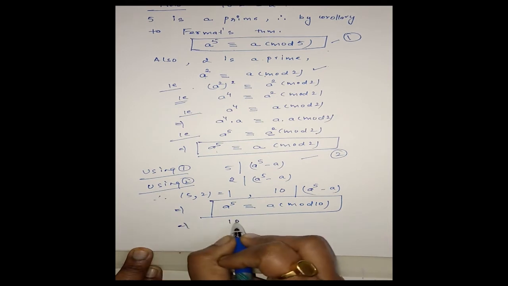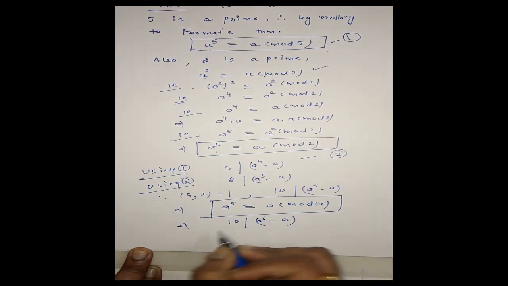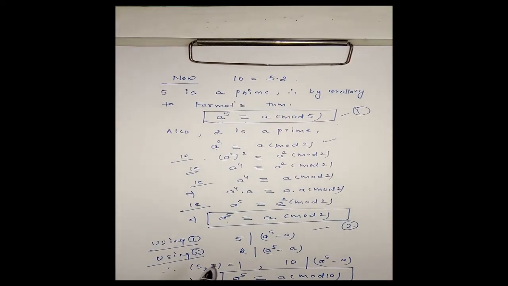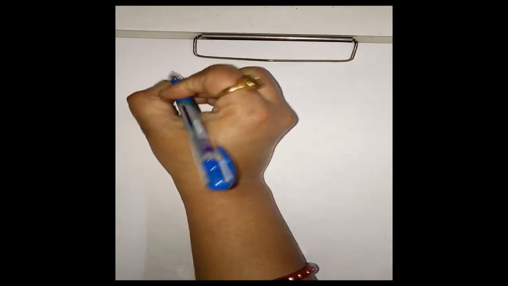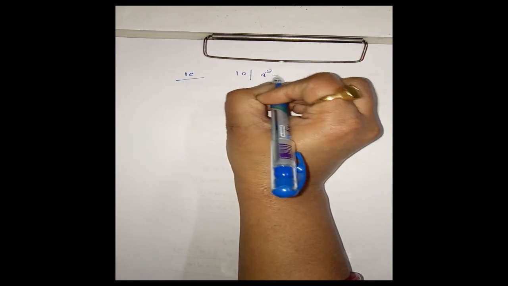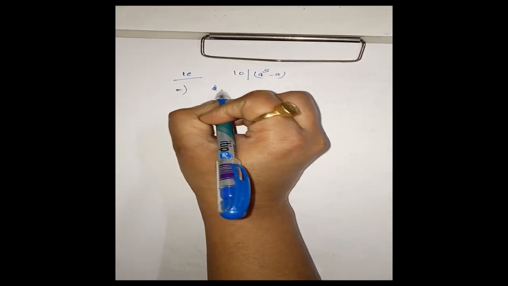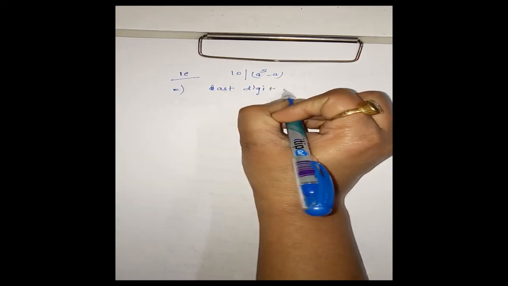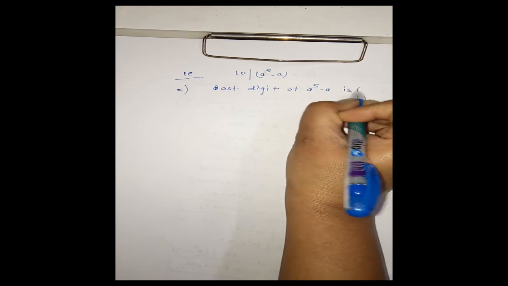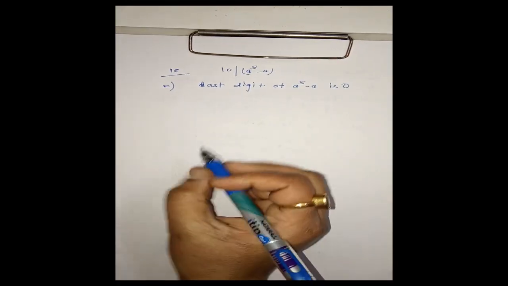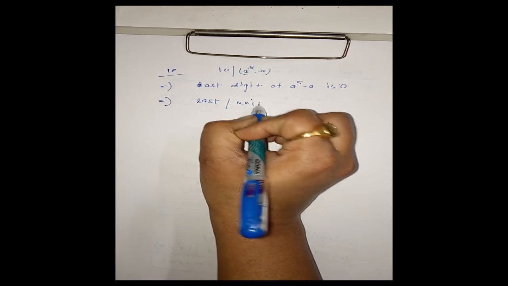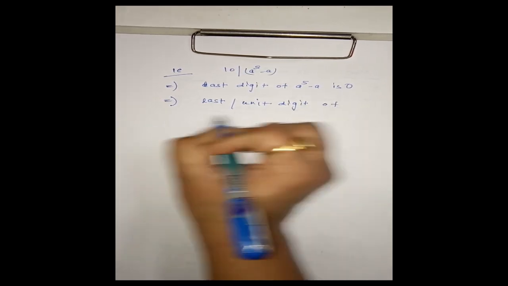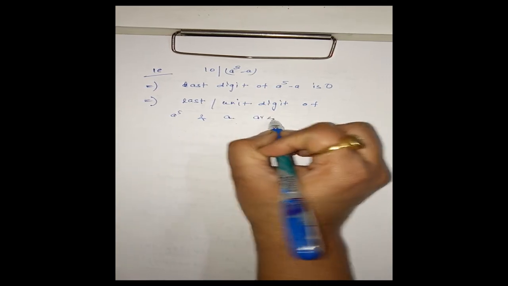This implies the last digit of a power 5 minus a is 0, since only then will 10 divide a number, and this will imply the last or unit digits of a power 5 and a are the same.